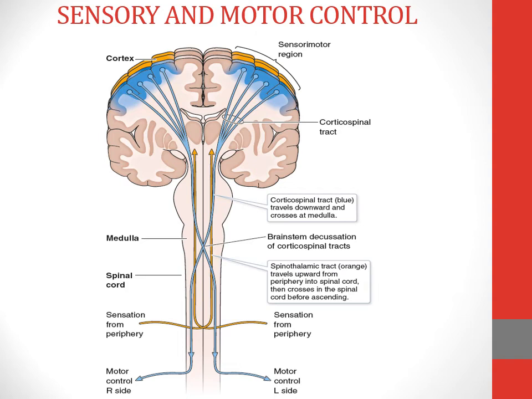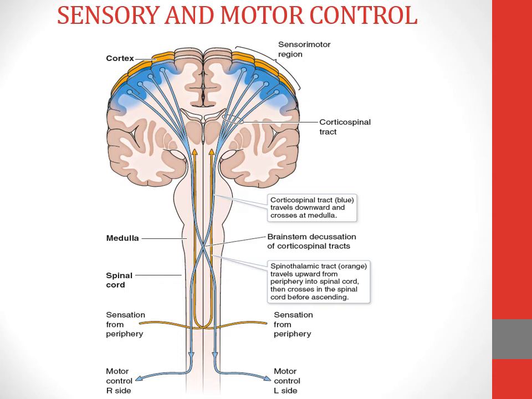Okay, now what about sensation coming from the periphery? Well, that typically crosses over at the spinal cord level. So for example, the sensation of your left leg. The peripheral nerve, the sensory nerve fibers are going to travel to the spinal cord. And shortly after entering, they're going to cross over to the other side.